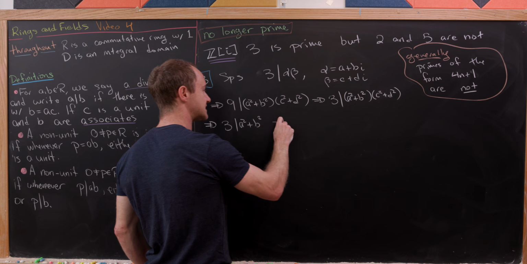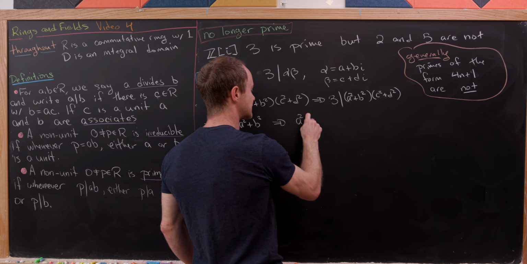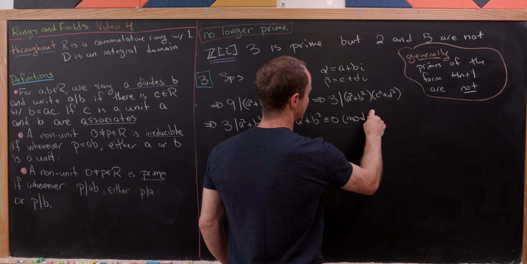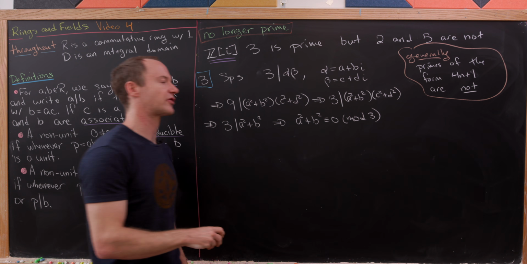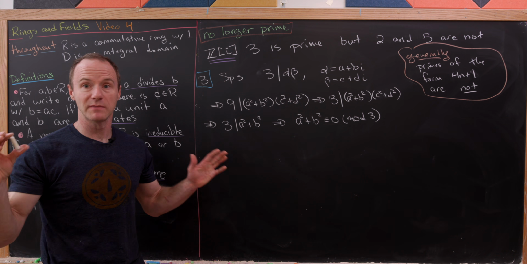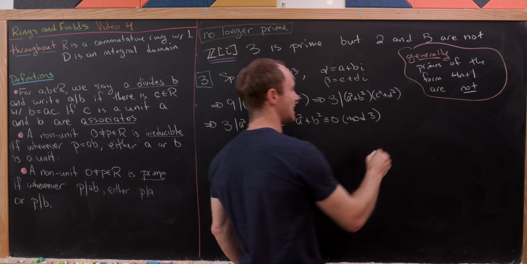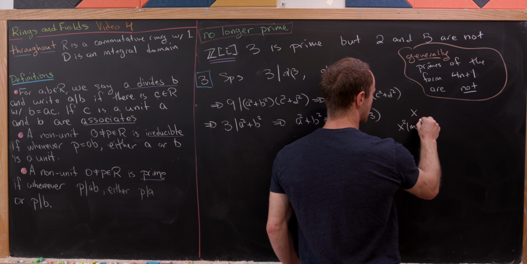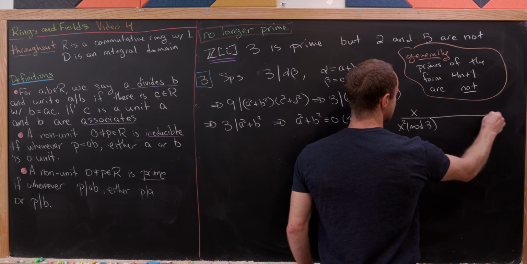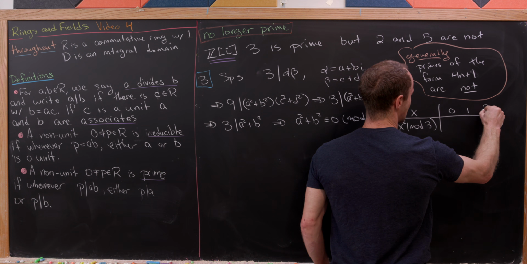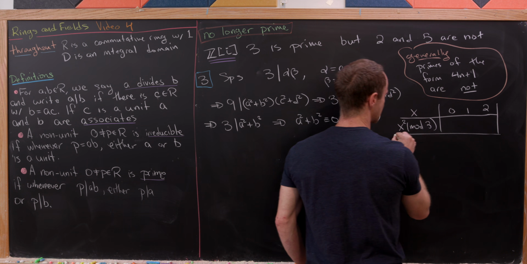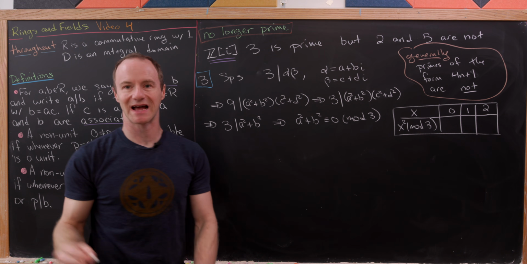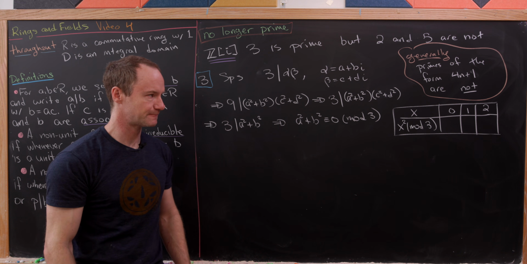But now let's observe that means that a squared plus b squared is congruent to 0 mod 3. It is a multiple of 3. But now we can make the same sort of chart that we just made. So let's make this chart x and then x squared mod 3. And then since 3 is not very large, let's not use this plus minus trick to make it a smaller chart. Let's just use 0, 1, and 2, the kind of standard residues mod 3.